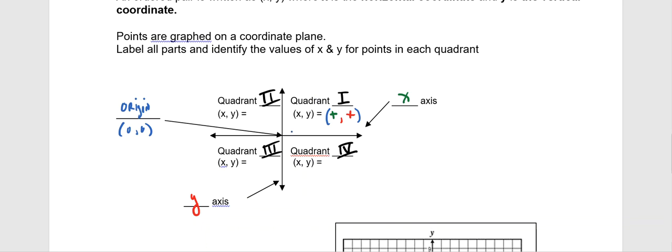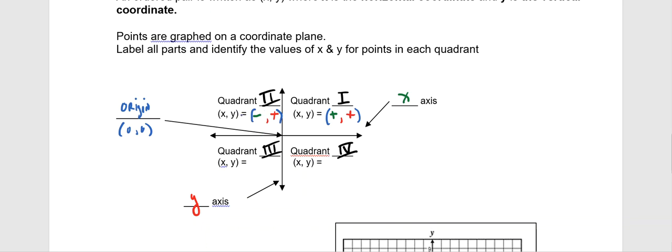value for y. If I go back to the origin again and I'm looking to move to the left, well, for an x-coordinate, that would imply a negative. But while still moving up, that's going to imply a positive for y. So in the case of quadrant 2, starting at the origin, I'm moving left, negative, while moving up, positive.